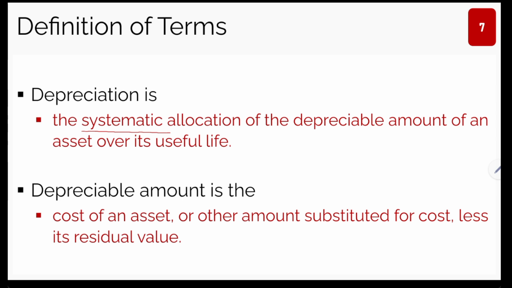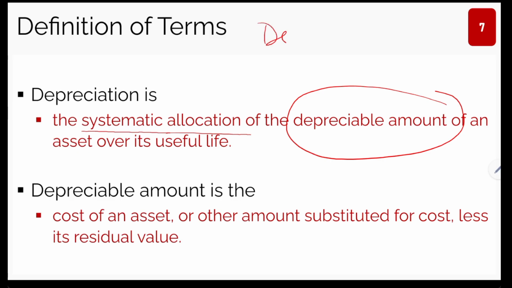It is a systematic allocation. That means what are we allocating? The depreciable amount of an asset over its useful life. So when we say we're depreciating an asset, we say we know the depreciable amount of that asset and we're allocating it over its useful life. So if it's 1 year, 2 years, 3 years, 4 years, 5 years, we're allocating the depreciable amount over the useful life of the asset.